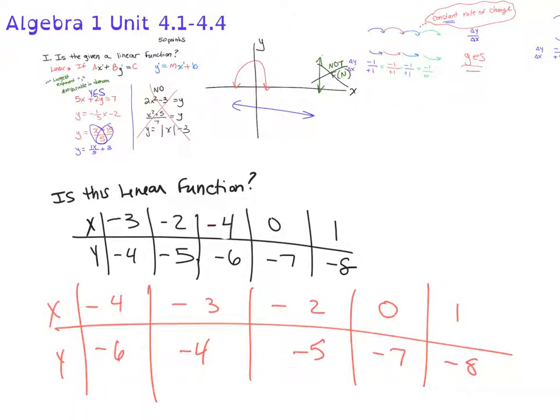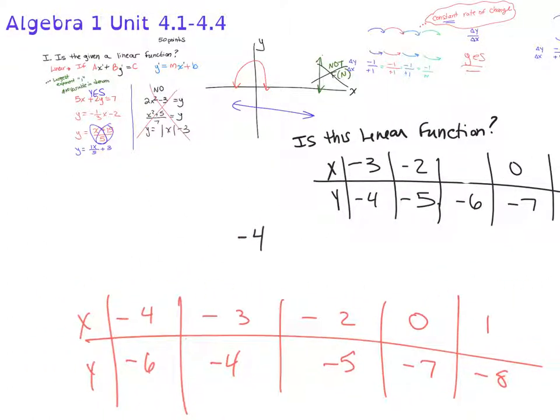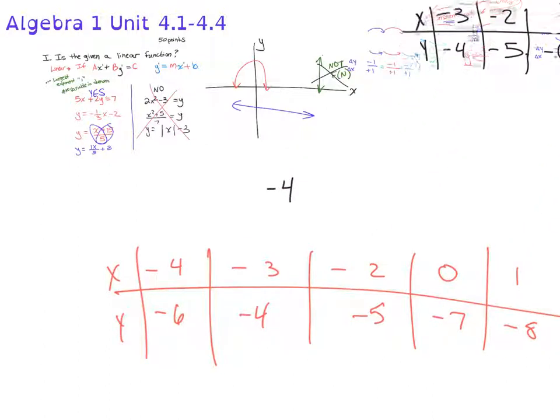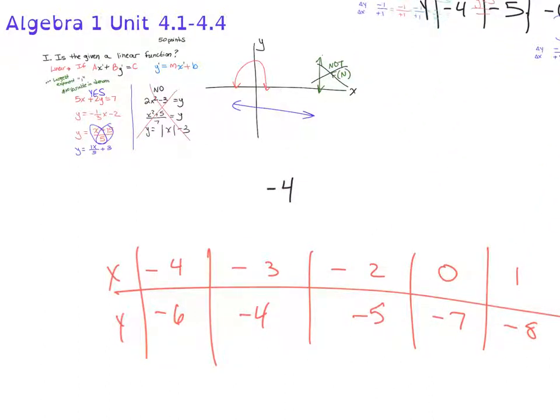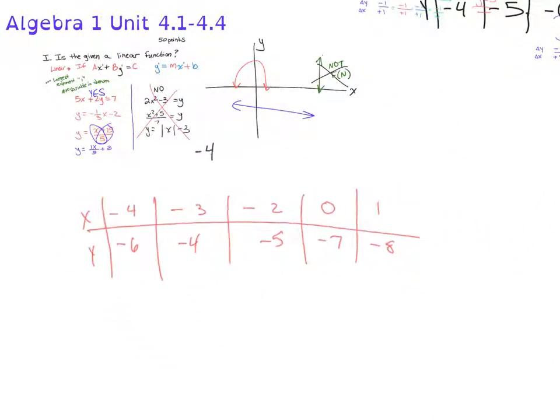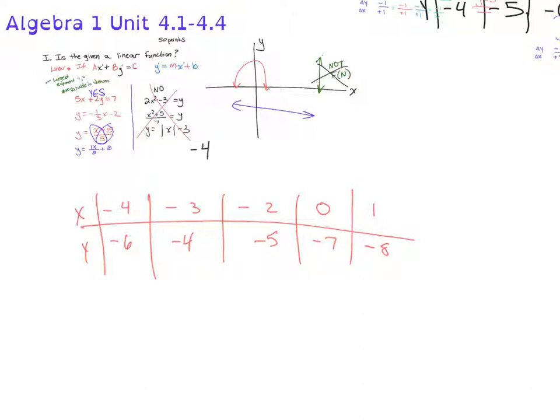In order to check to see if this is linear, okay, so I'm going to move this out of the way so it doesn't distract us. I have to check to see if the change of y over change of x is consistent. From here to here, I went up by 2 and up by 1. That's my first change of y over change of x.